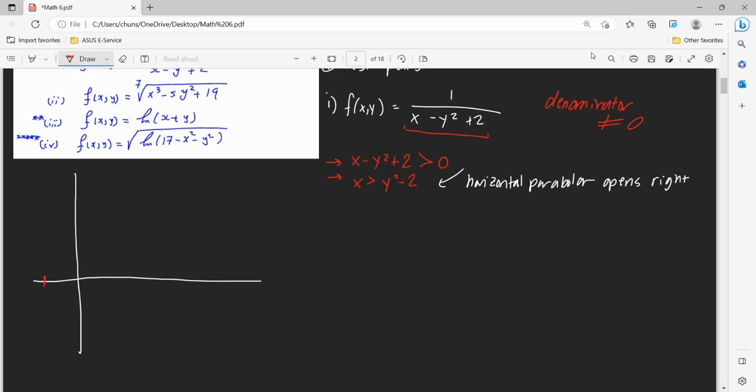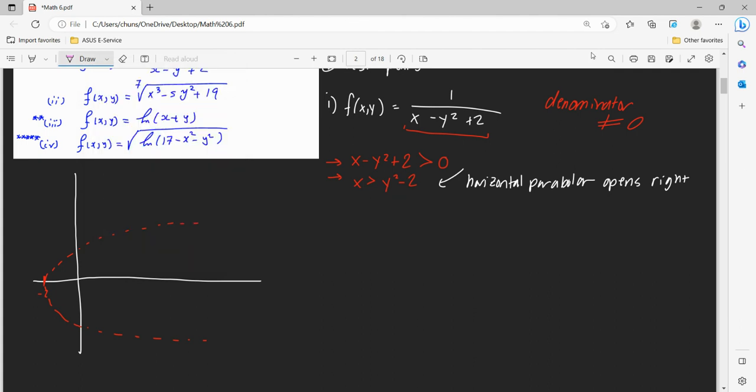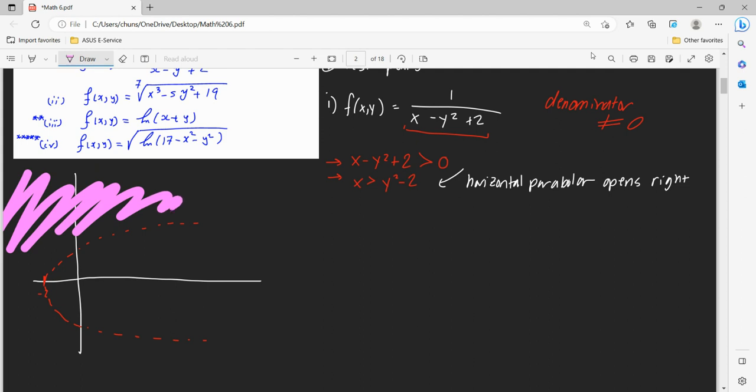Okay, so we're going to have an x-intercept of -2. And because our inequality does not have an equal sign, we are going to represent this with a dotted line. So that leaves these whole regions here.